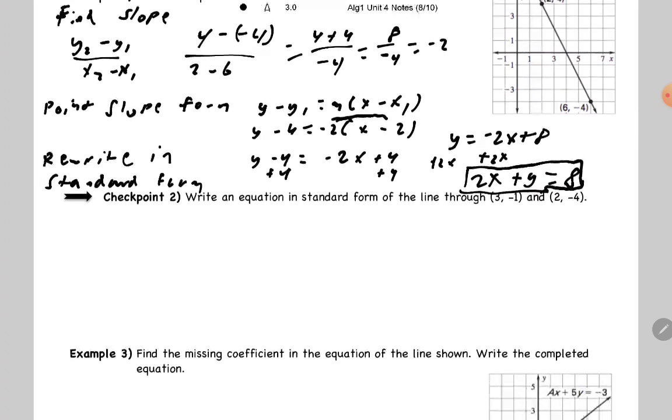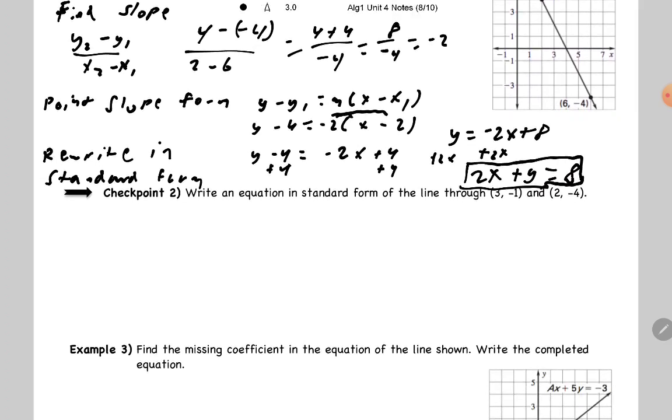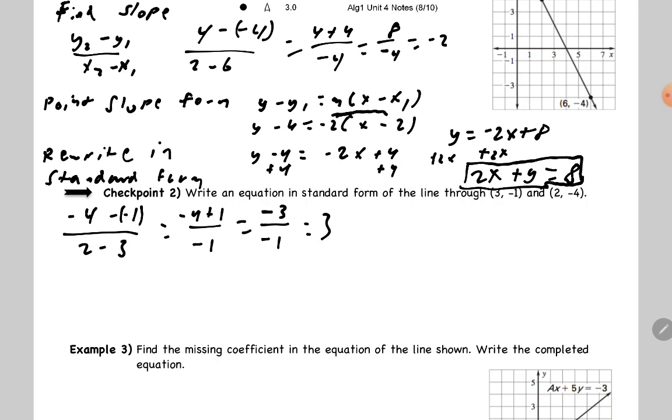Okay, checkpoint 2. Write an equation in standard form of the line through 3, negative 1, and 2 comma negative 4. So same thing, find slope: negative 4 minus negative 1 over 2 minus 3, which is negative 4 plus 1, over negative 1, which is negative 3 over negative 1, which is 3.